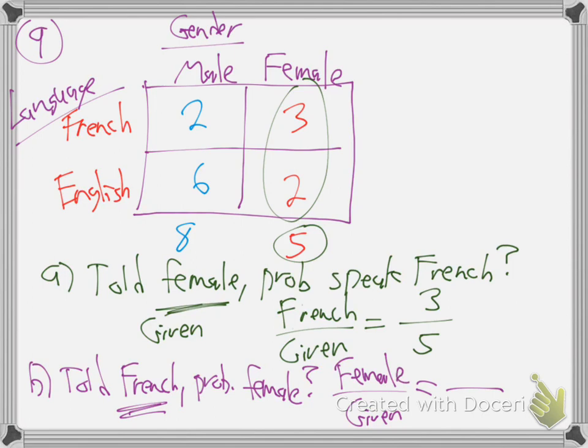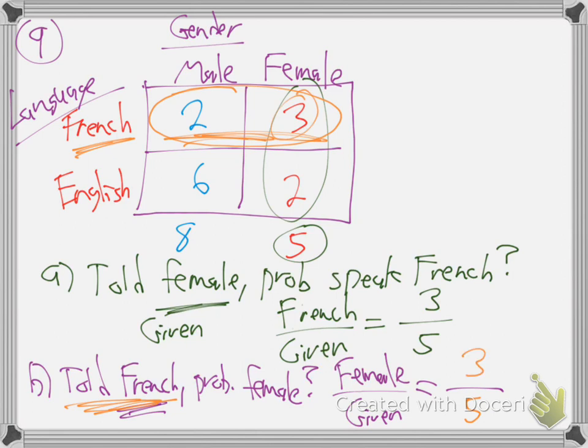So which group is it? It's these 5, isn't it? We're talking about those 5 people. Coincidentally, it comes out the same as the other denominator. We're talking about these 5 people up here because we know it's a French speaker. We're told that they speak French. So it's one of those 5 people. And what's the chance it's a female?